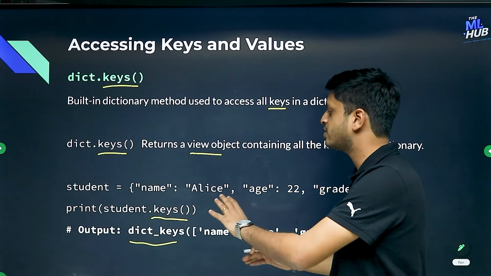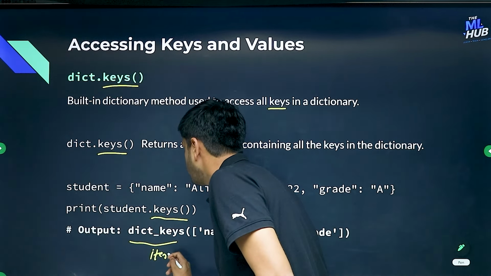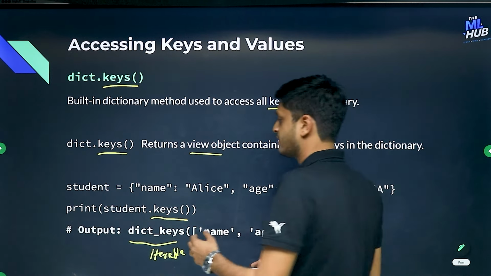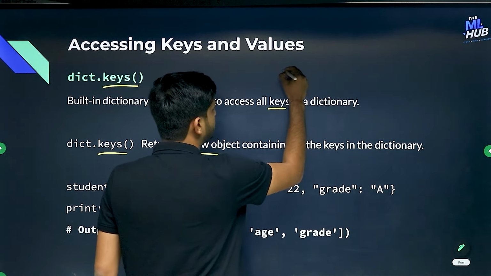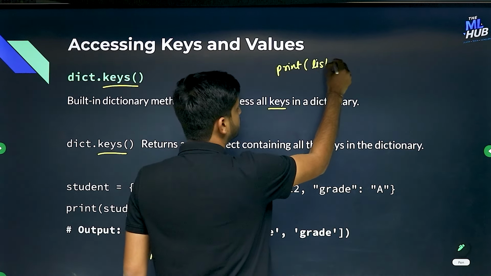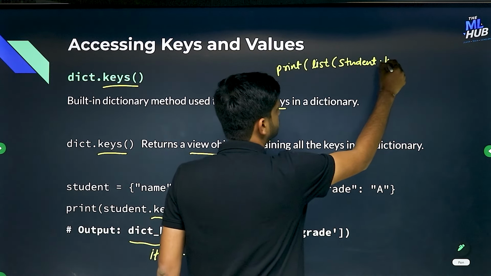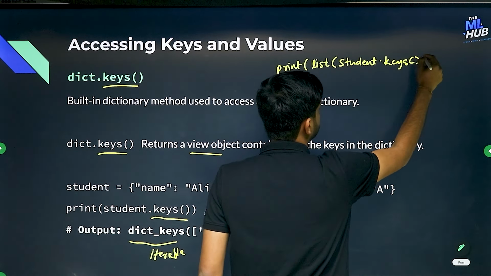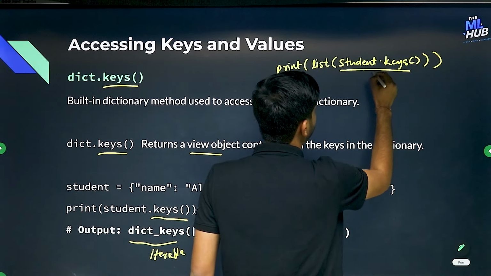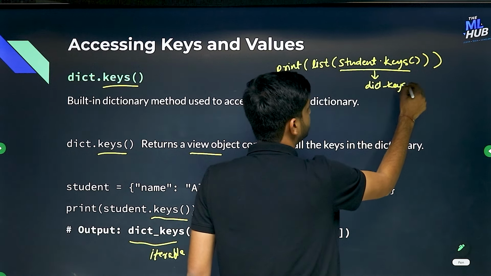Because it is an iterable, if you want, you can convert it into a list, because any iterable can be converted into a list. You can do something like this: print list of student.keys. Here student.keys will give you a dict keys type of object, which is a view, which is a complex object.